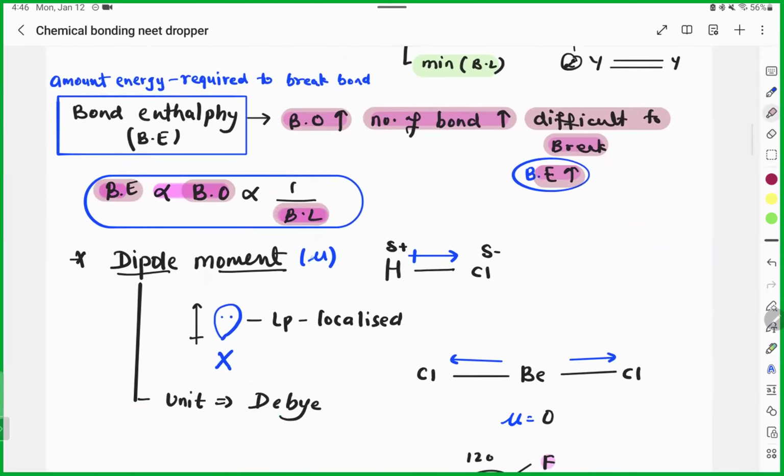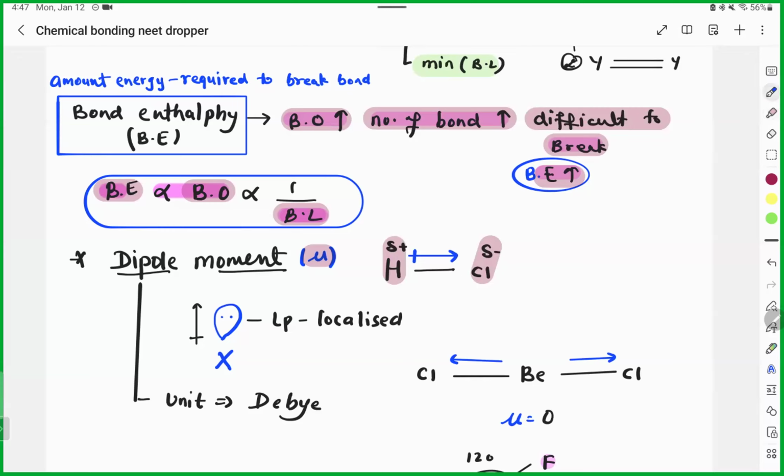Then dipole moment. We just recently did dipole moment in the case of the electric field. Correct? Whenever there is an electronegativity difference in chemistry, the electron will move towards the more electronegative element. So this will be the direction.